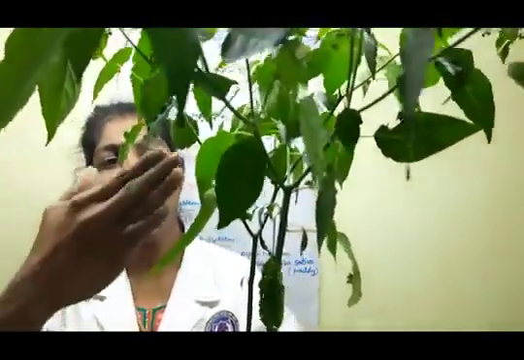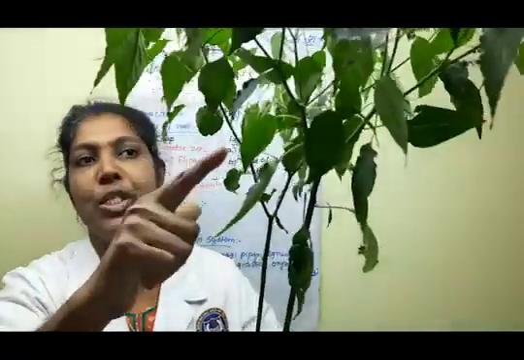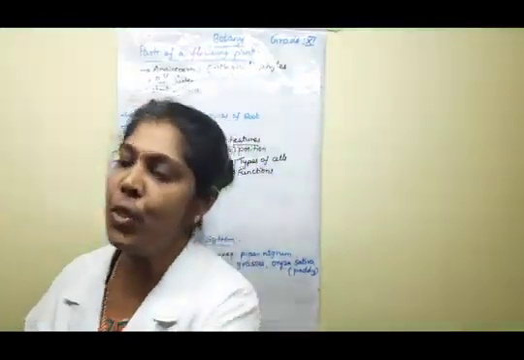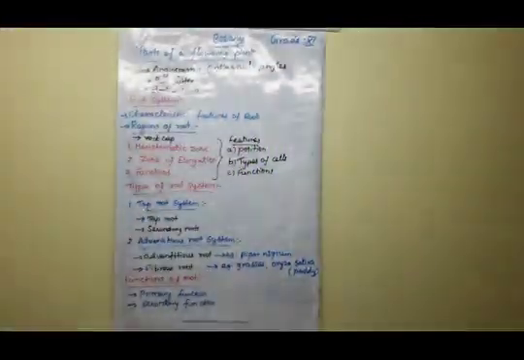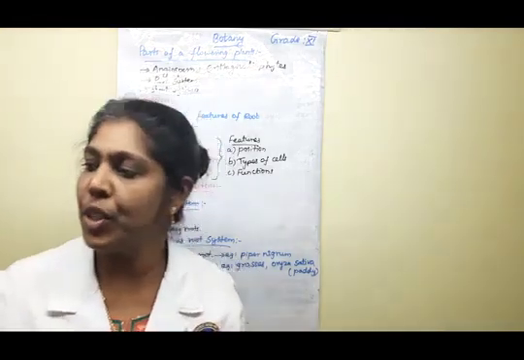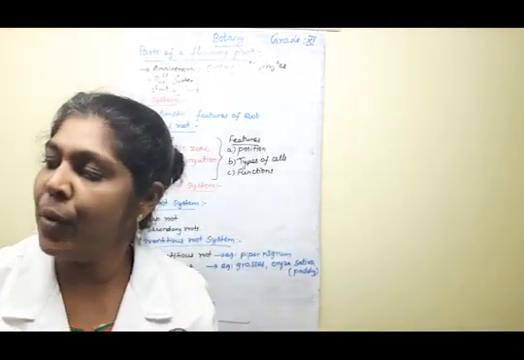The sporophyte axis divides into two systems, root system and shoot system. The shoot system has the branches, leaf, fruits, flowers, and inflorescence. Everything comes under the shoot system. Clear, children? Yes. The next one, today's class we are going to learn about the root system, children.